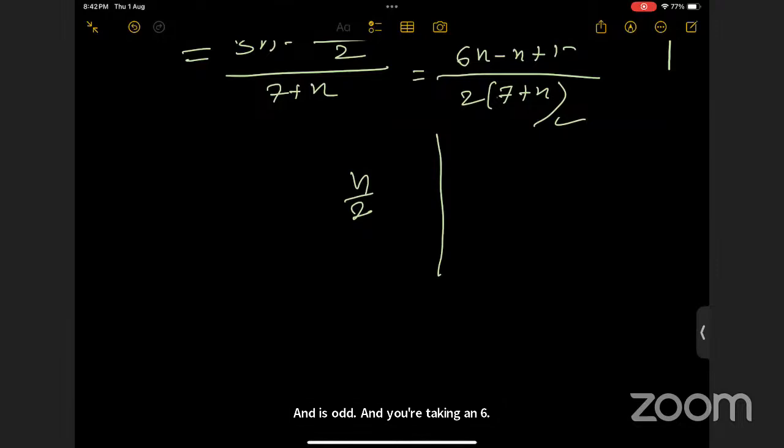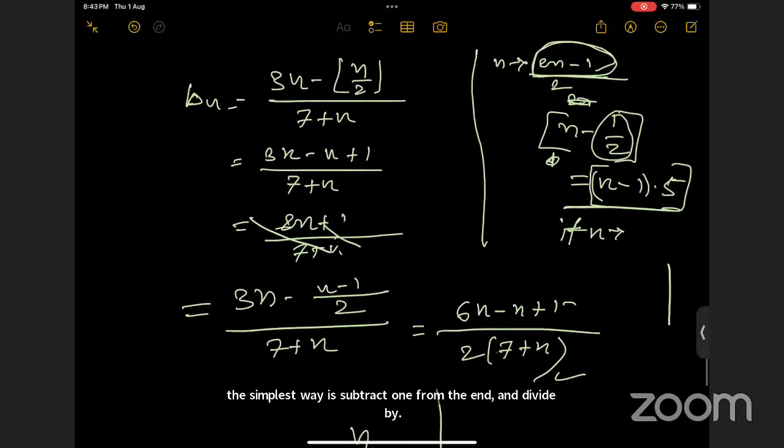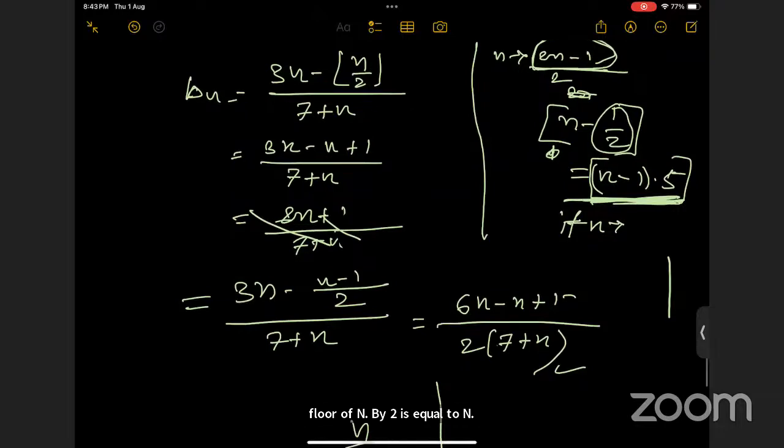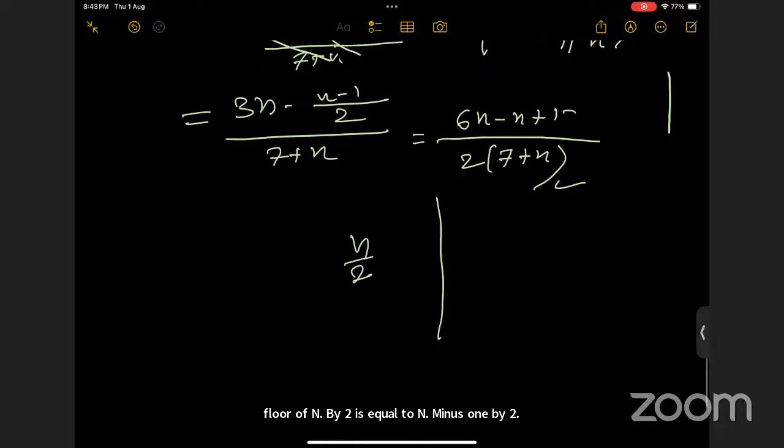So we should minus the 0.5. The simplest way is to subtract 1 from n and divide by 2. Yes. Correct. The floor of n by 2 is equal to n minus 1 by 2. That's it, when n is odd. For better understanding, we can take some example, right?